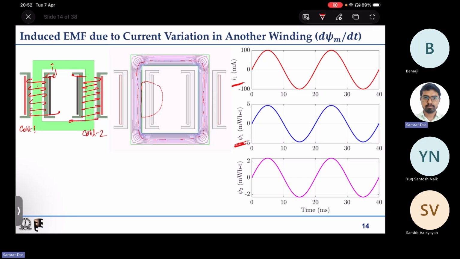It is not that such lines are not there, but they are quite few. So you can see that almost all the flux lines are linking the second coil also.